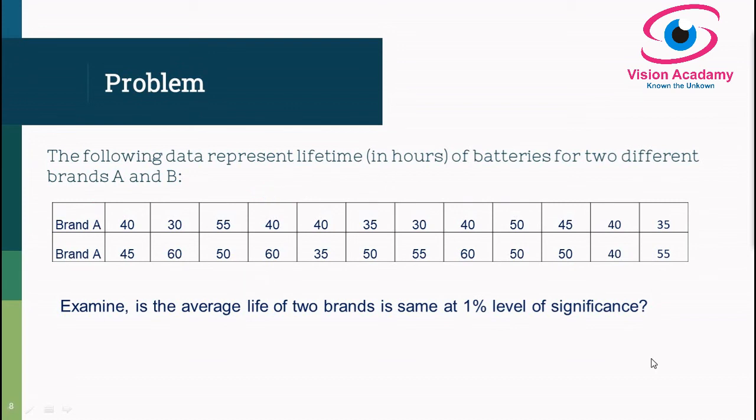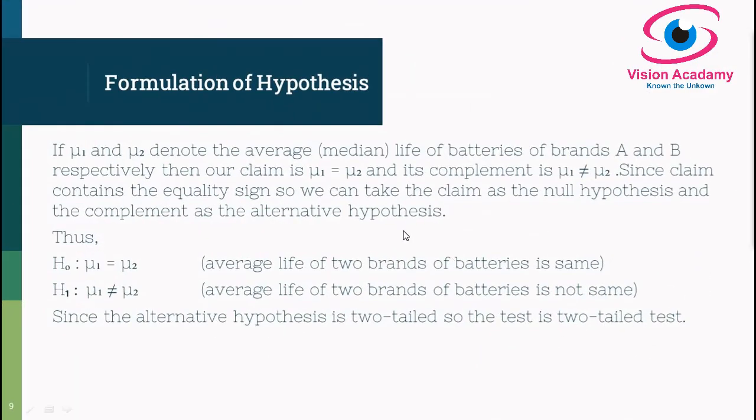Then let us formulate the hypothesis for the given problem. Here we want to test that the average life of the two brands of batteries is the same. If mu1 and mu2 denote the average life of batteries of brand A and brand B respectively, then our claim is mu1 equals mu2, because the problem itself asks whether the mean life of batteries is the same. Its complement is mu1 not equal to mu2.